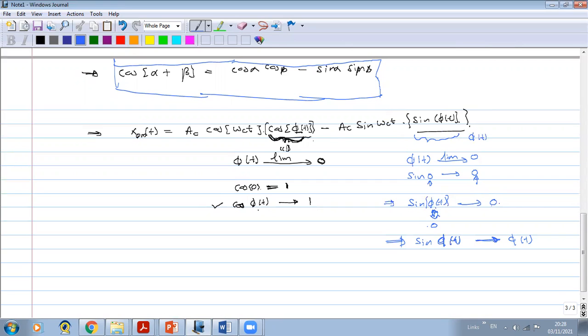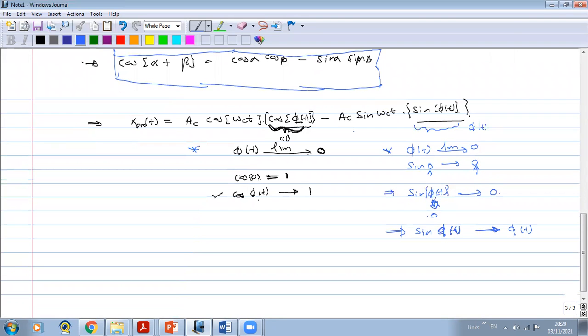Anyway, using this narrowband assumption, we can eliminate the function of a function. So that is the advantage here.